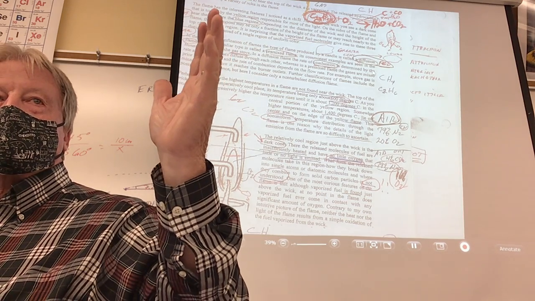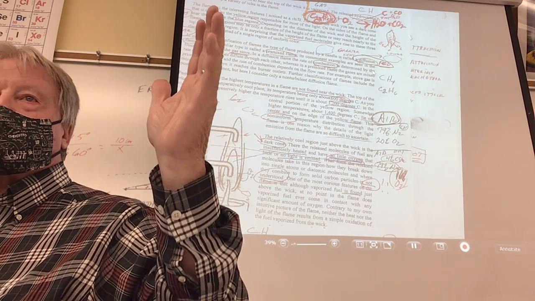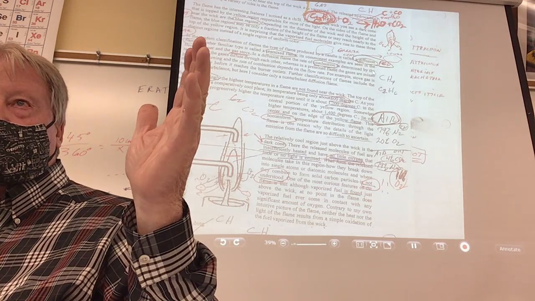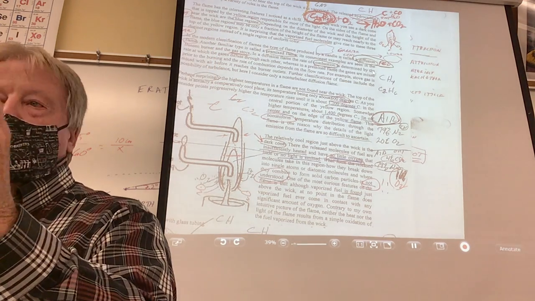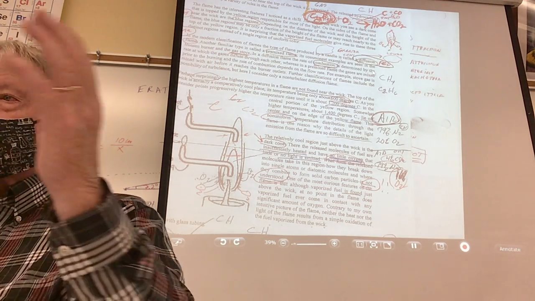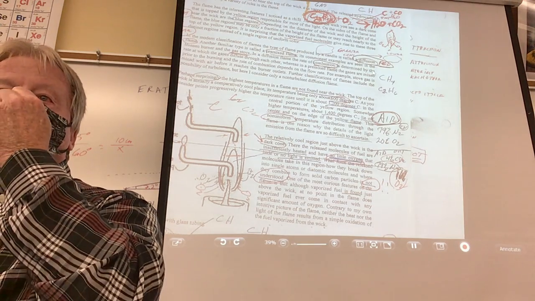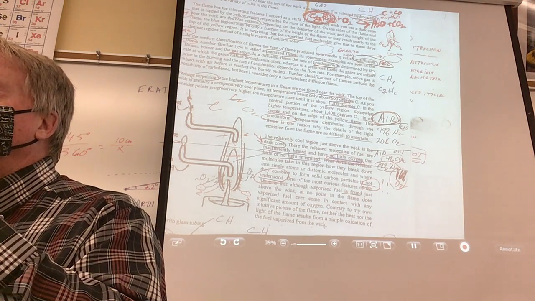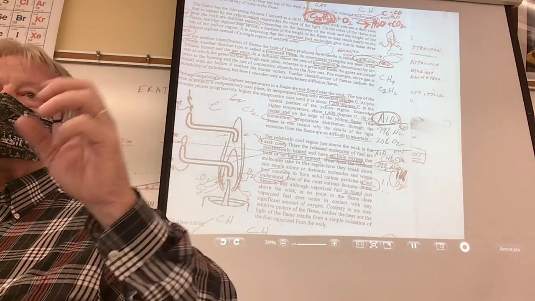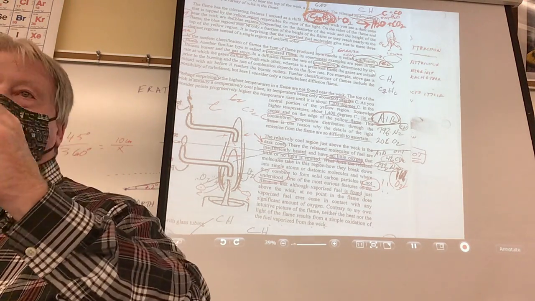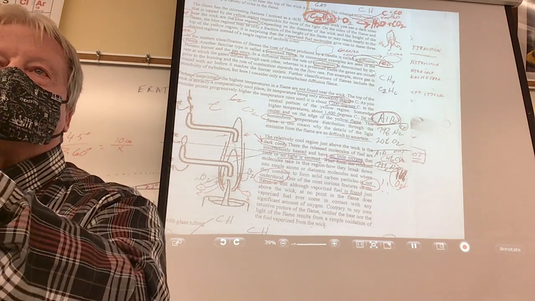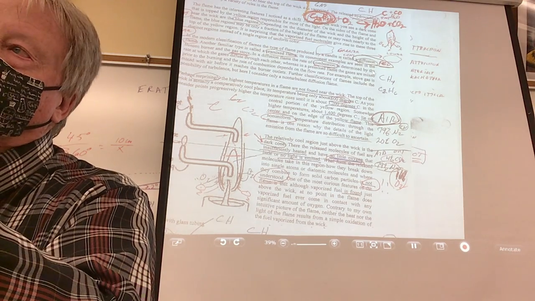Diffusion is the movement of chemicals from what? Areas of higher concentration to lower. If you gobble up all my oxygen right here, I'm coming. But how fast do I come in? I'm bouncing around, and there's a gap. I'm getting there, and I'll bounce around. You see, just like the perfume.